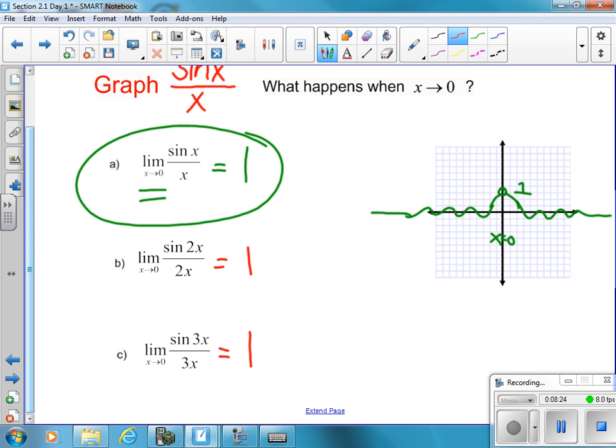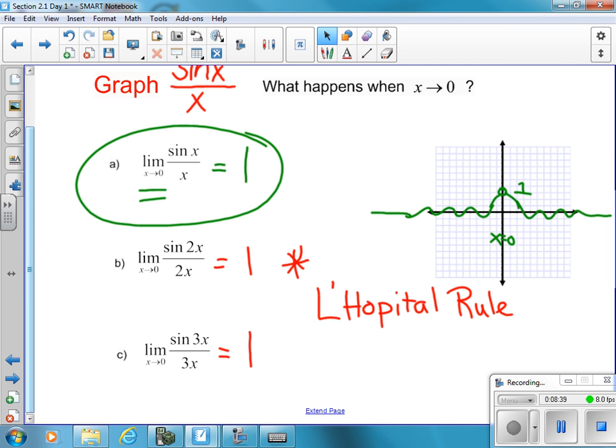There's actually something called L'Hopital's rule, which we don't really cover in calculus AB, but I think I'm going to show this to you in class so that you can also see how L'Hopital's rule gives us a 1. But graphically, for right now, if you look at these, that is what happens with the function at 0.